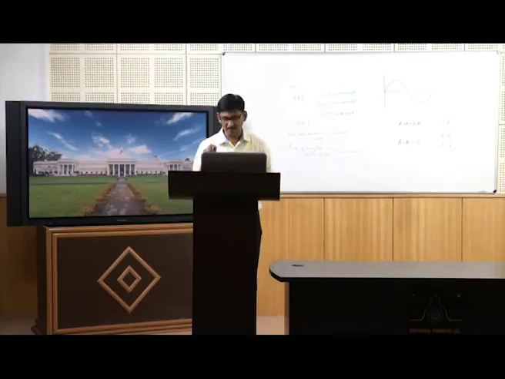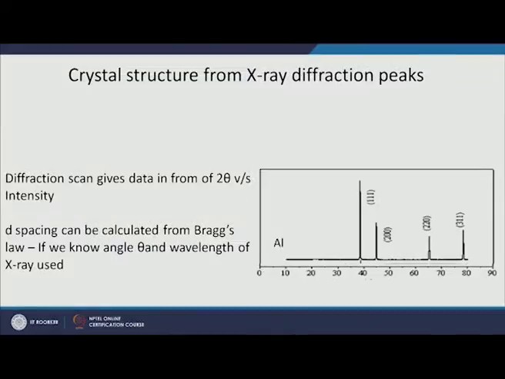Now, you can again see what I showed you in the previous slide. This is for aluminum, the diffraction peaks for aluminum. You have a diffraction peak from the 1 1 1 plane, which is unmixed, all HKL values are odd. You have a diffraction peak from the 2 0 0 plane, so all are even.